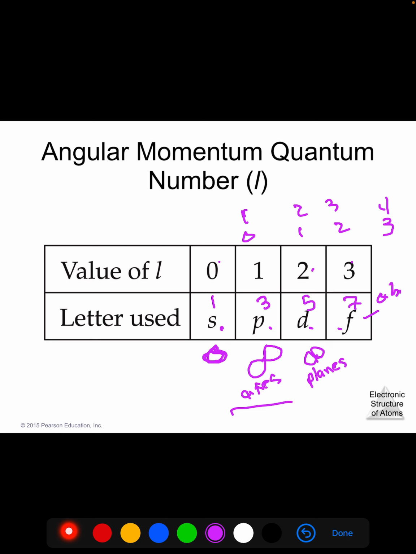orbitals, or suborbitals, if you will, each with 2 electrons. So this would be 2, 6, 10, and 14. And if you look at the periodic table, you'll see a block of 2.